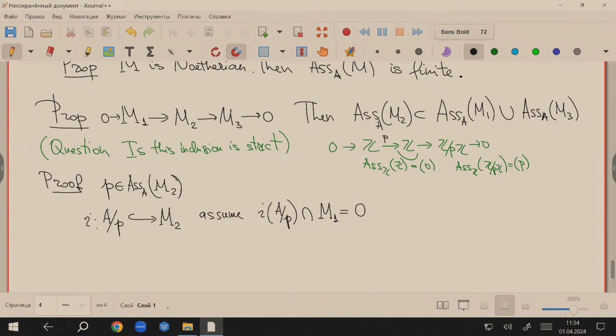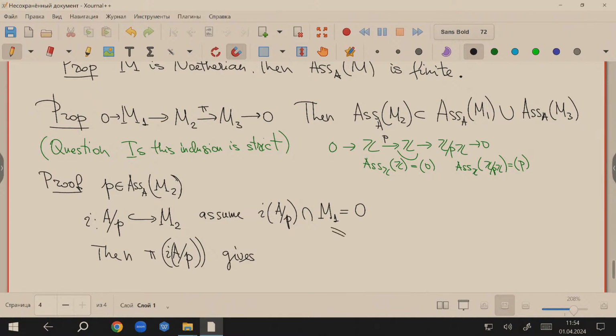I mean, intersect only by 0. Then, so let me put it P. So then phi of this thing gives inclusion, because this is precisely the kernel of pi.